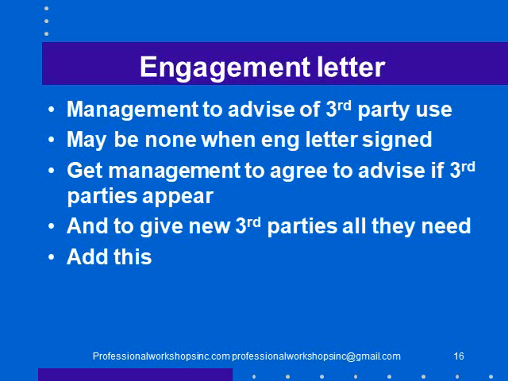Now the engagement letter. In the engagement letter, management is to advise us about third-party use, either that there is none, or that there is someone and what they're going to be using the financial information for. And I really am reluctant to accept an engagement where there is significant third-party use, assuming that they're just going to get it without me talking to them.